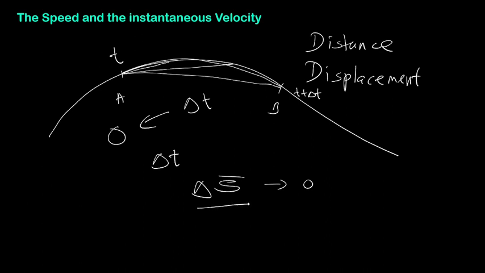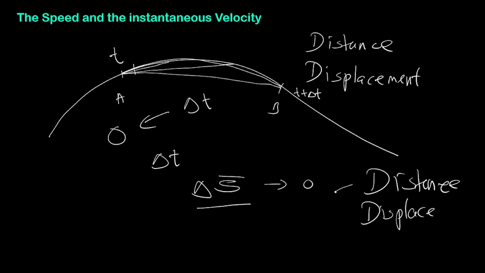However, the displacement, that is a straight line, becomes so small that it almost merges with the actual path of the body. The actual path represents distance and the displacement represents the straight line. But when the straight line is very small, it almost merges with the actual path of the body.